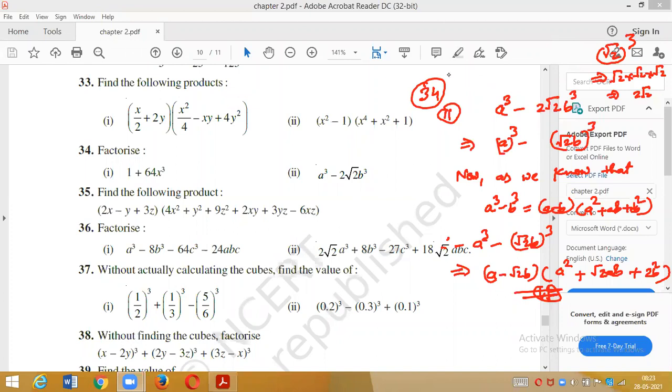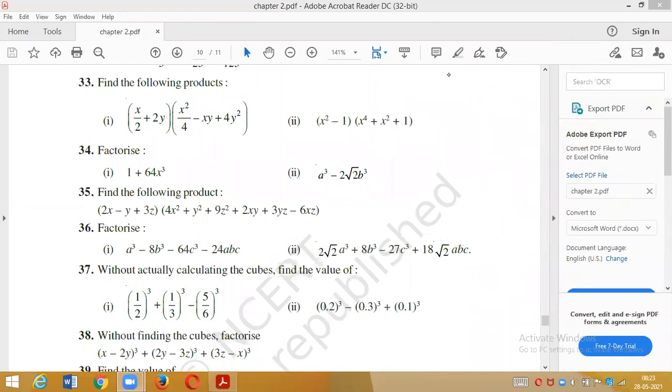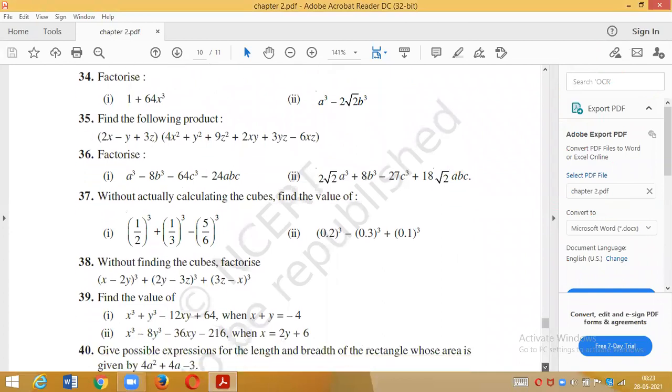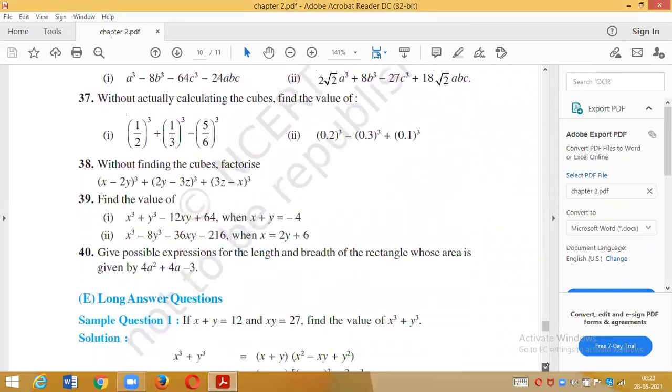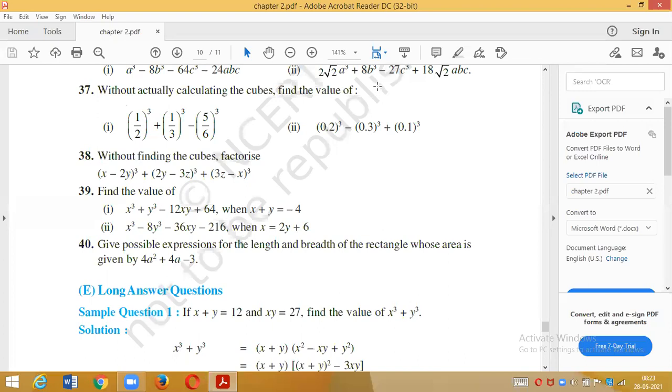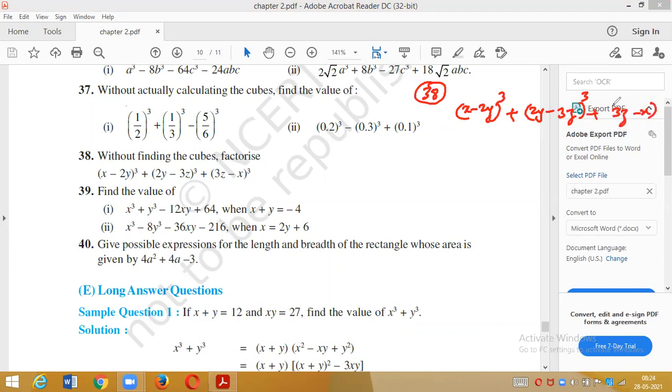Now move to the question number 38. Without finding the cube, find the value of this one. In 38, you have given x minus 2y whole cube plus 2y minus 3z whole cube plus 3z minus x whole cube.